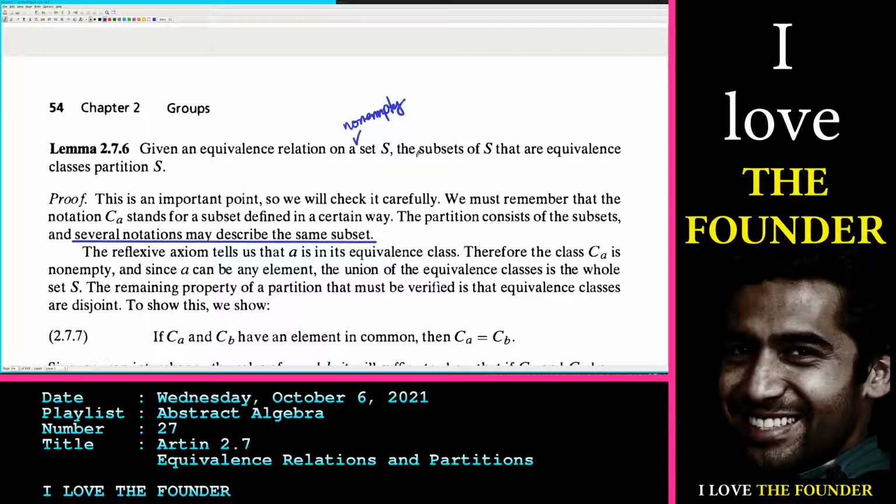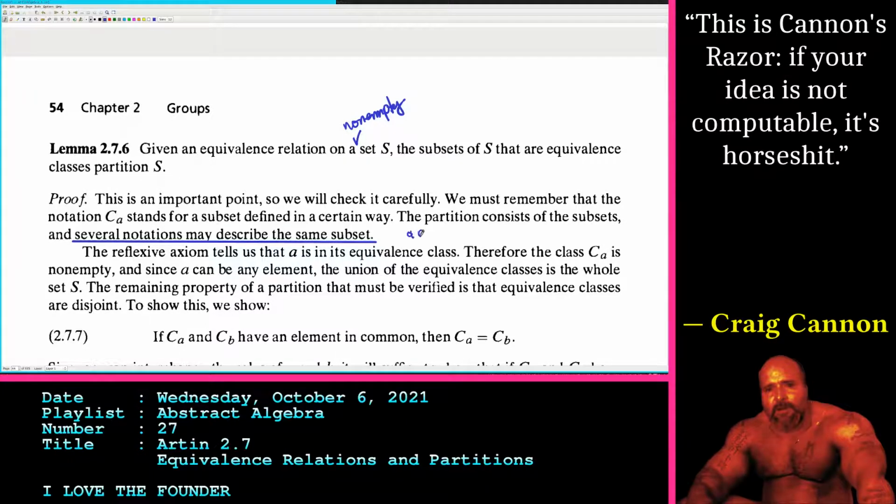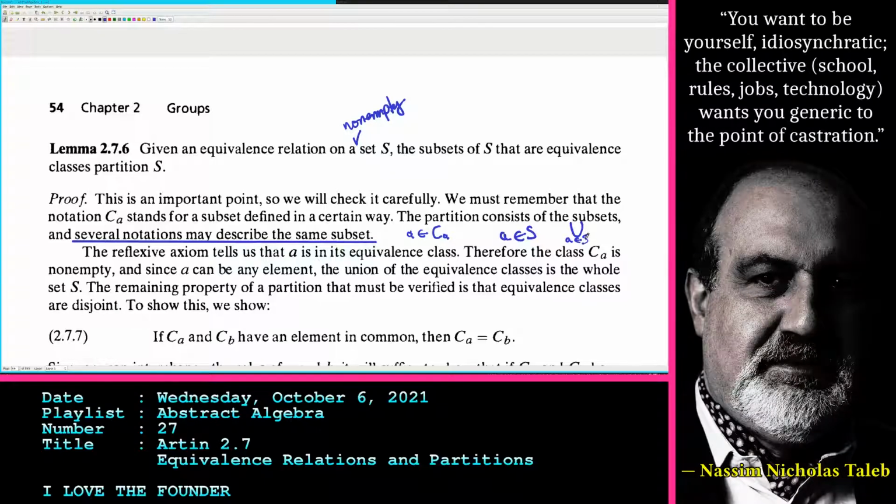A is in C sub A, and A is in the set S, so we pick an A in S, and A is in C sub A. Right, and so the union over A in S of C sub A is equal to S. Right? That's what this is saying.